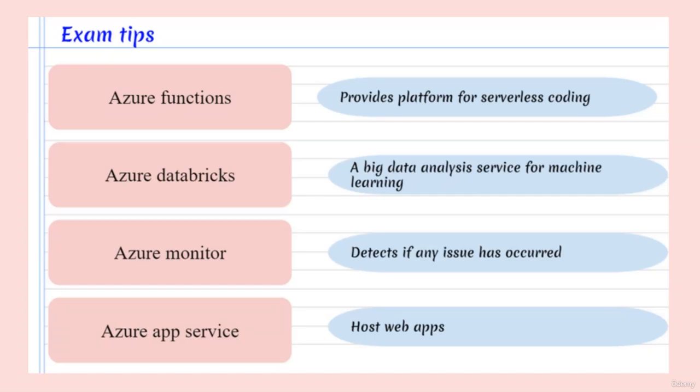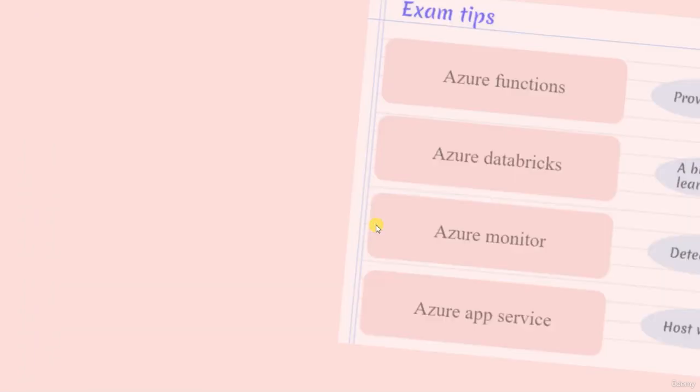So basically, Azure Monitor is an AI based tool provided by Azure itself to detect if any issue has occurred. Basically, it increases the security of the cloud. Then moving ahead, we have Azure App Service, which is used to host web applications.